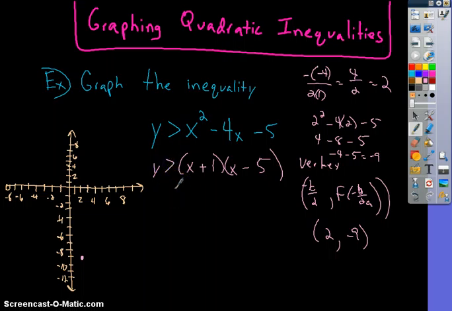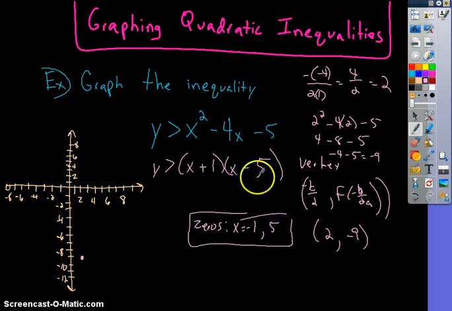I can tell one zero is at negative 1, and another one is at positive 5. How? Well, you set each of those to 0, that's what you get. So I know I have a point at negative 1, have another point at positive 5. Truthfully, that's enough to actually go and graph it. So I'm going to use just those 3 points.